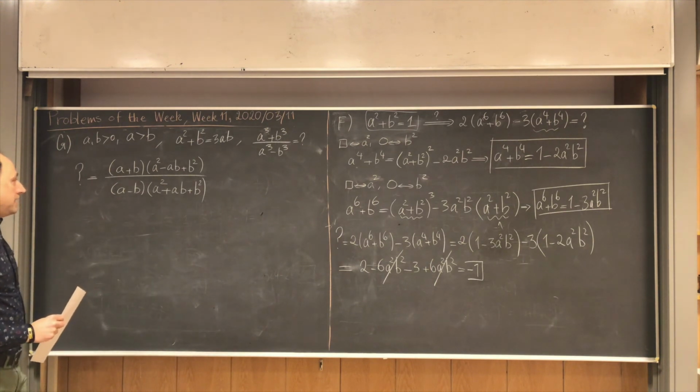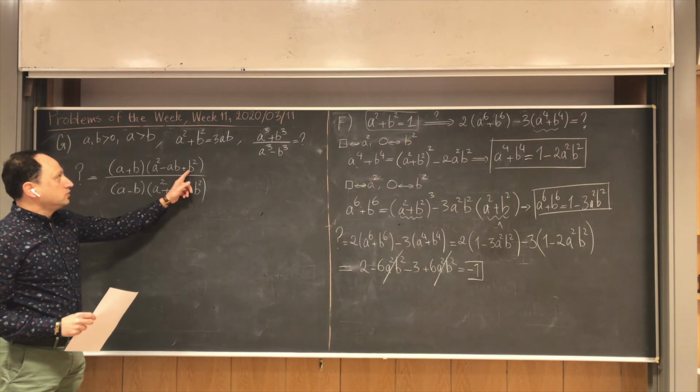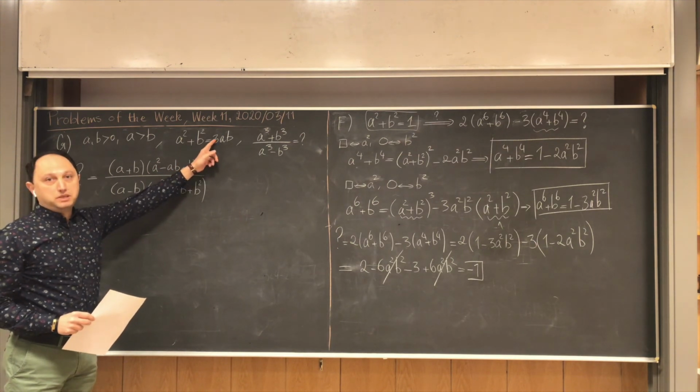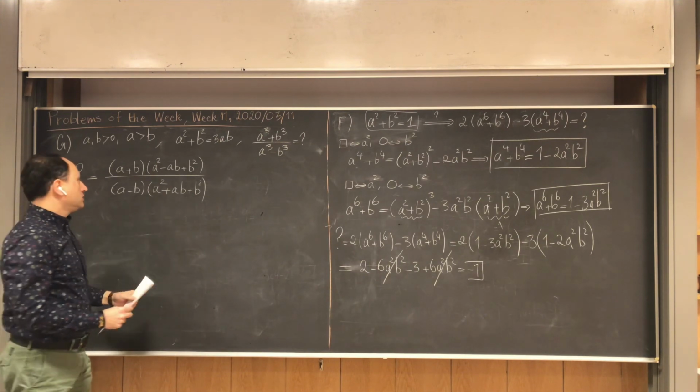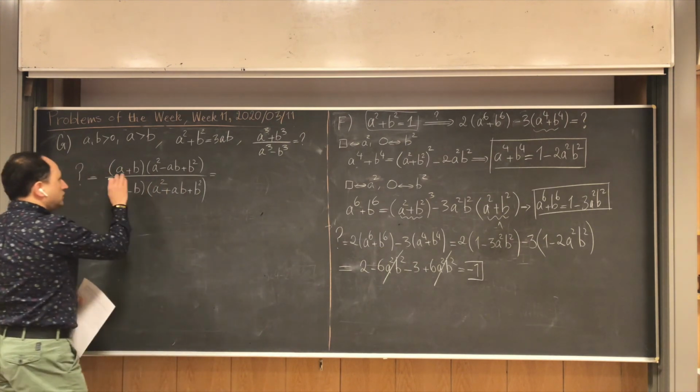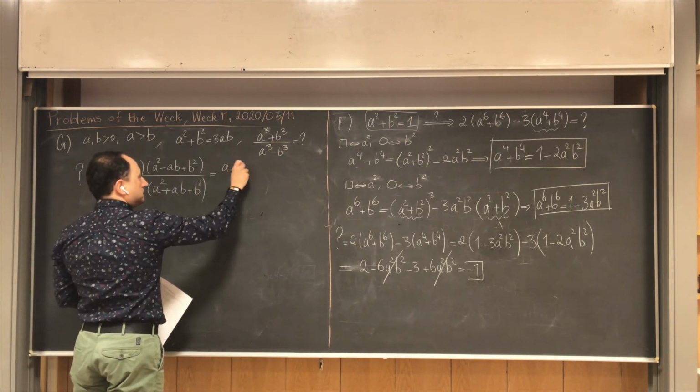Okay, so let us see what happens. Here I have a good combination, a squared plus b squared, which is given to me as 3ab. And I have the same expression a squared plus b squared here. Of course I don't know what to do for them right now, but let us copy and paste them.